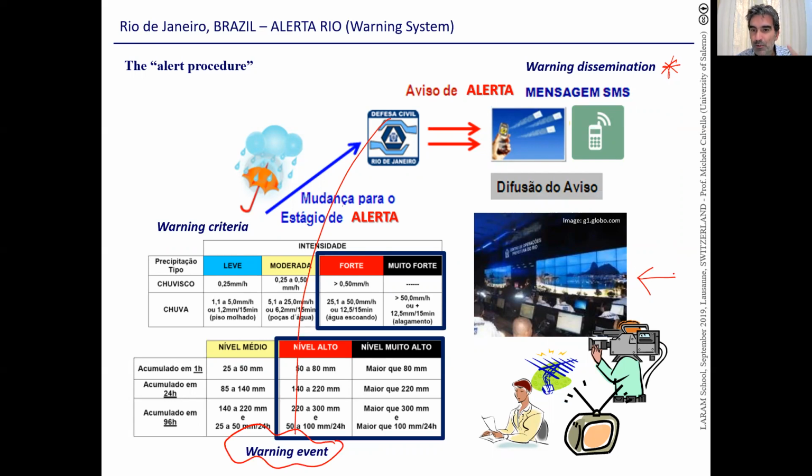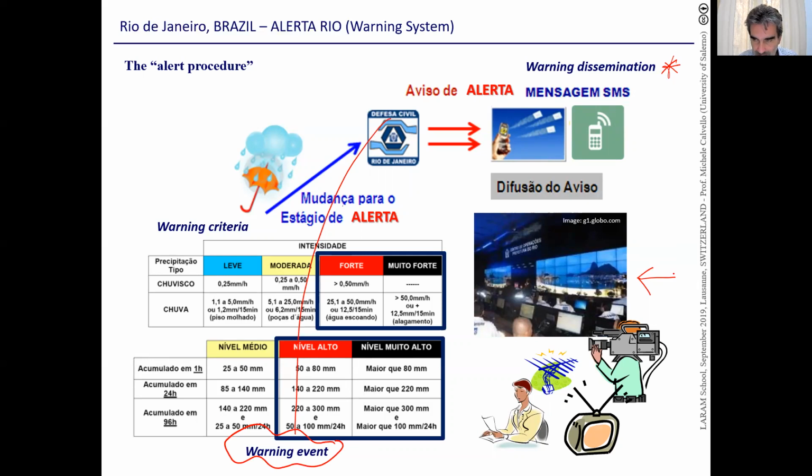It's very important to have such a physical space, because when you go from green to yellow and you start preparing for what can happen afterwards, and then you start disseminating, you start issuing alerts, you can have the media coming and finding in the same space the meteorologists as well as the geotechnical engineers of the geotechnical engineering office managing the alert system, as well as the fire department, the civil protection.